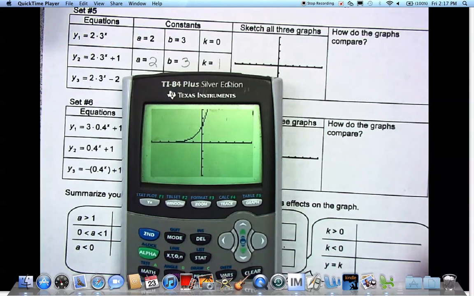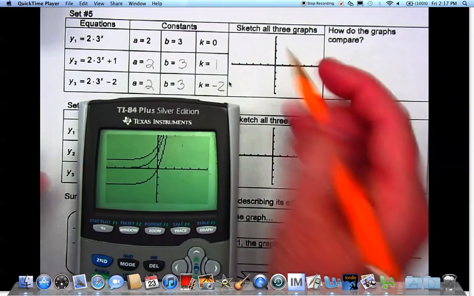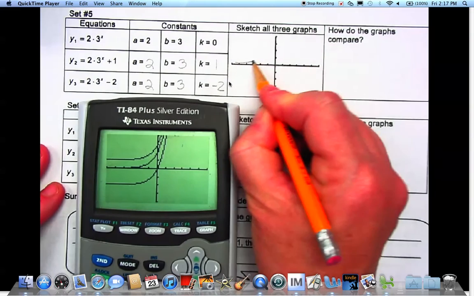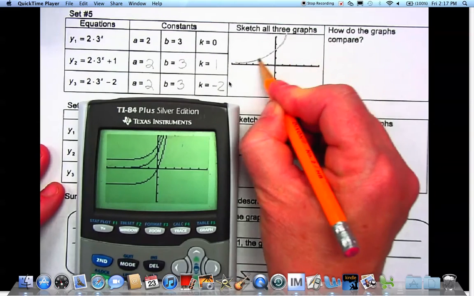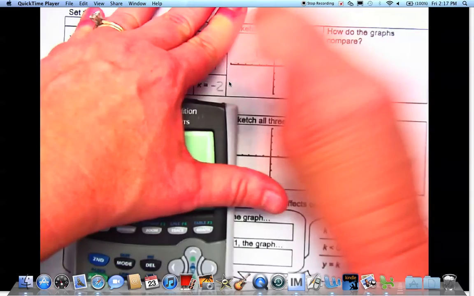Okay, the first one goes through 2 on the y-axis. What did the second one do? Moves up one. It moved up 1, didn't it? And the third one moved down how many? 2. Let's go ahead and graph it.